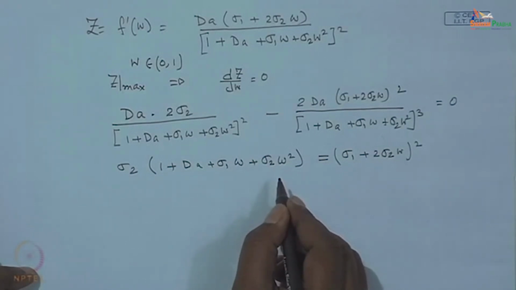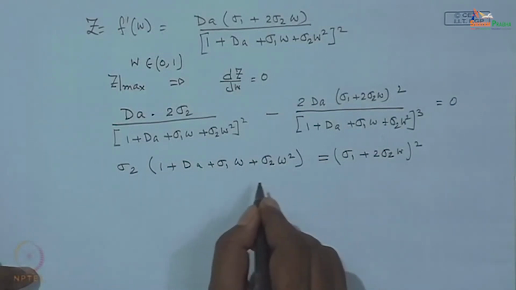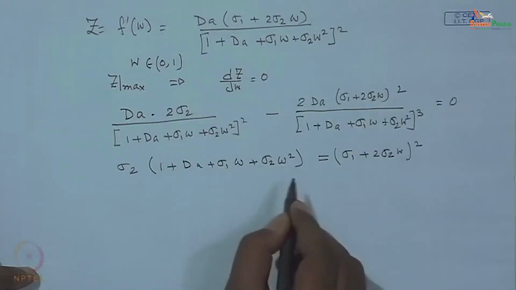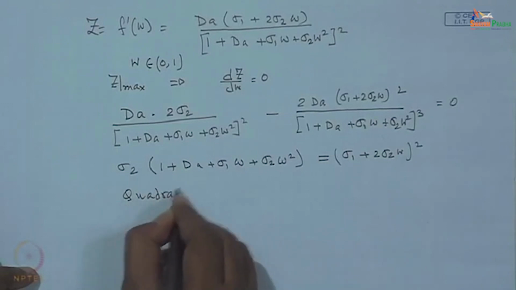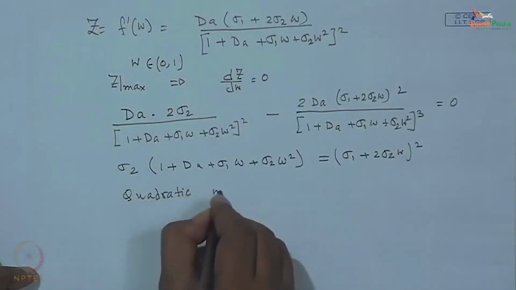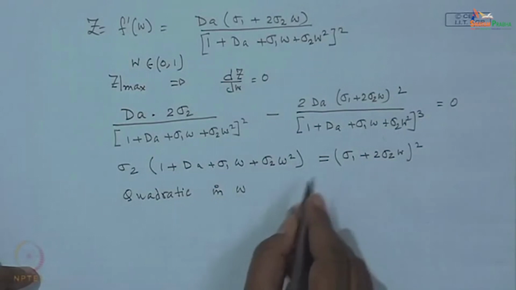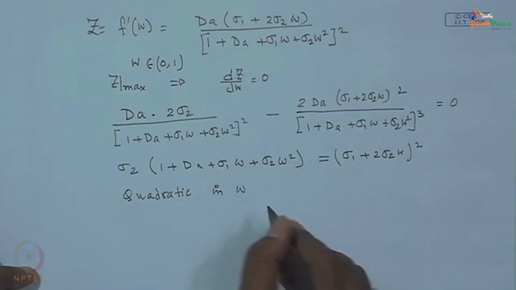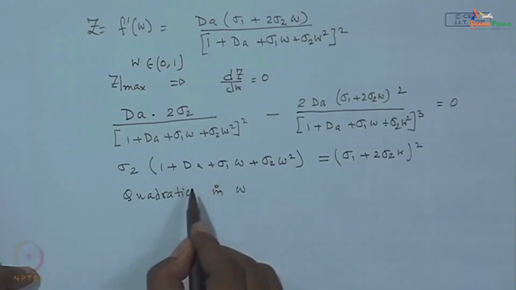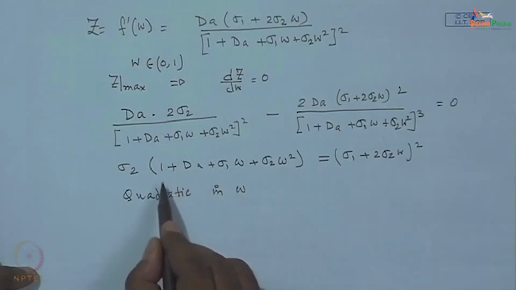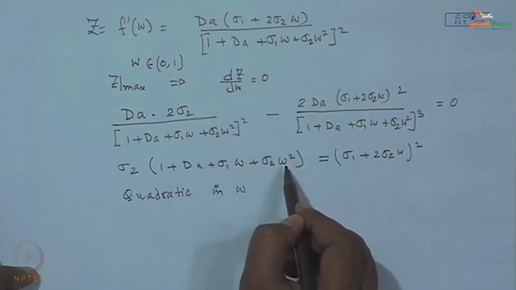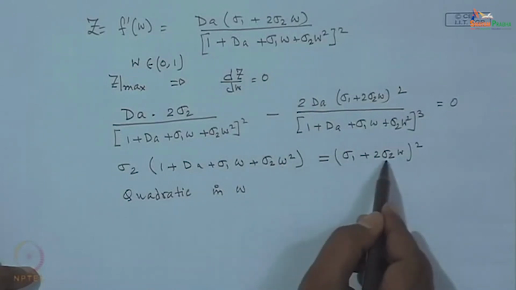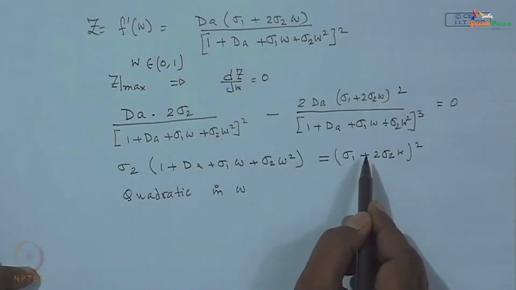So, there are two ways to solve this problem. You just look into this problem, and this is a quadratic in W. So, you can identify that this whole thing, 1 plus dA plus sigma 1 W plus sigma 2 W square, that is appearing in the denominator, should be equal to this. So, we can substitute that one.